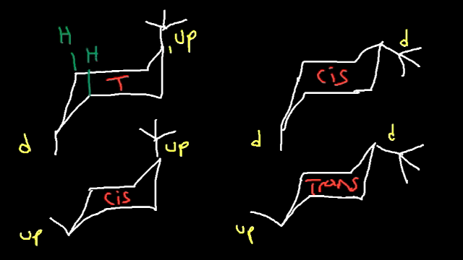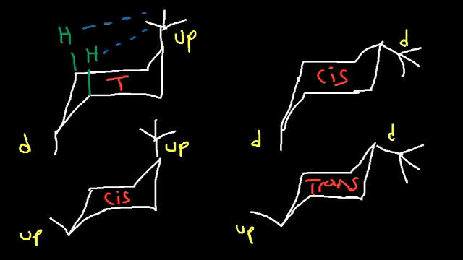Notice that each hydrogen is 1,3 apart from the tert-butyl group, if you count it this way or if you count it this way. And because they're parallel to each other, you're going to have 1,3-diaxial strain, which is indicated by those blue lines. And so the axial position is less stable than the equatorial position.